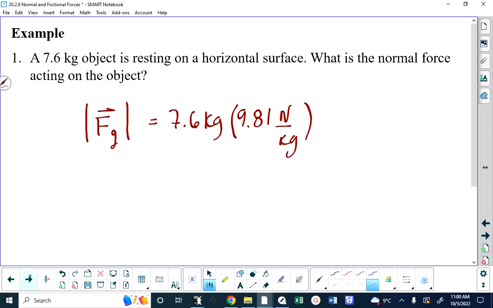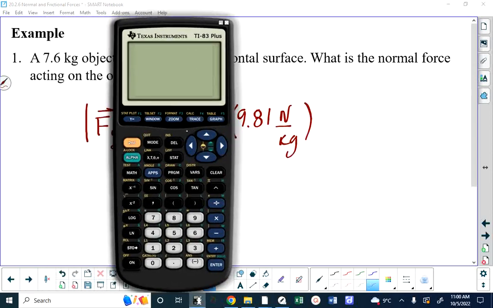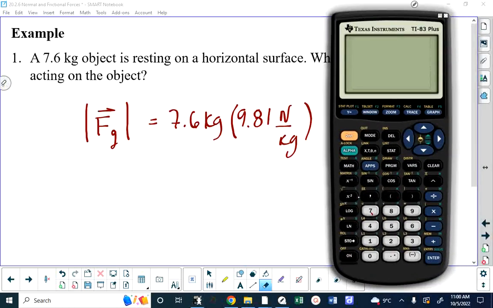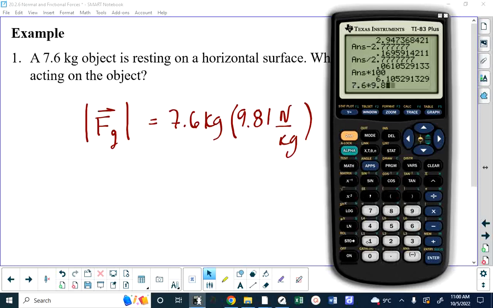If we find the force of gravity, I calculate the force due to gravity. I take 7.6 kilograms and I multiply 7.6 by the gravitational field strength.